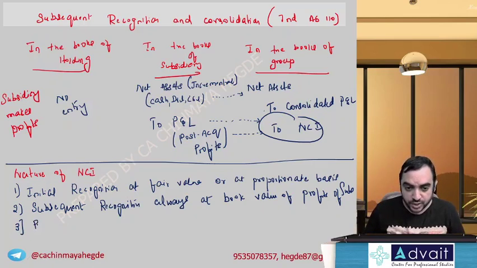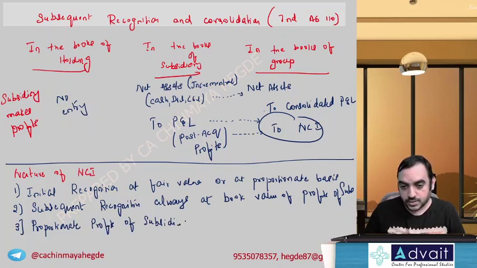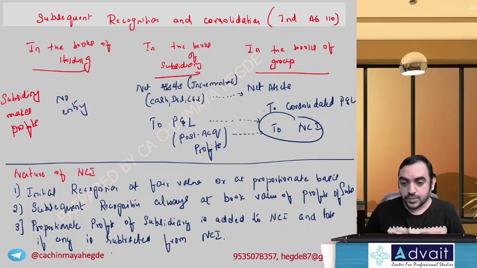So the proportionate profits of the subsidiary are added to NCI, and the loss, if any, is subtracted, debited basically, from NCI.